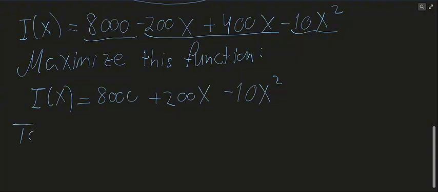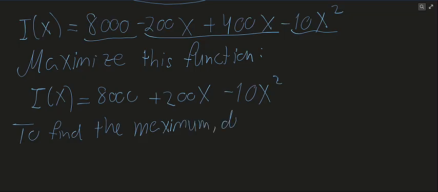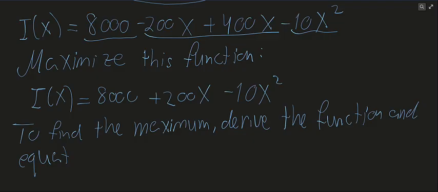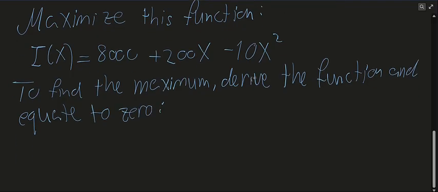Well, to find the maximum, derive the function and equate to 0. I prime of x is going to be equal to: the derivative of 8,000, a number, is 0.